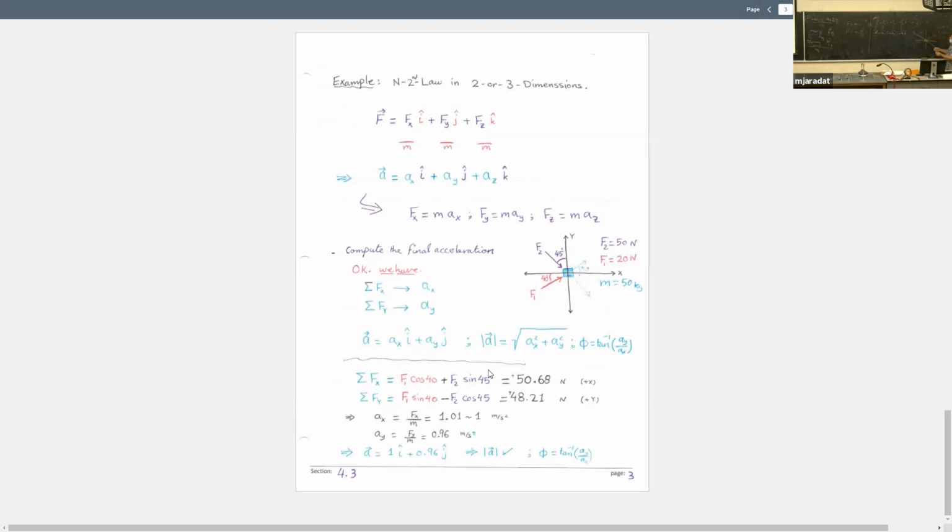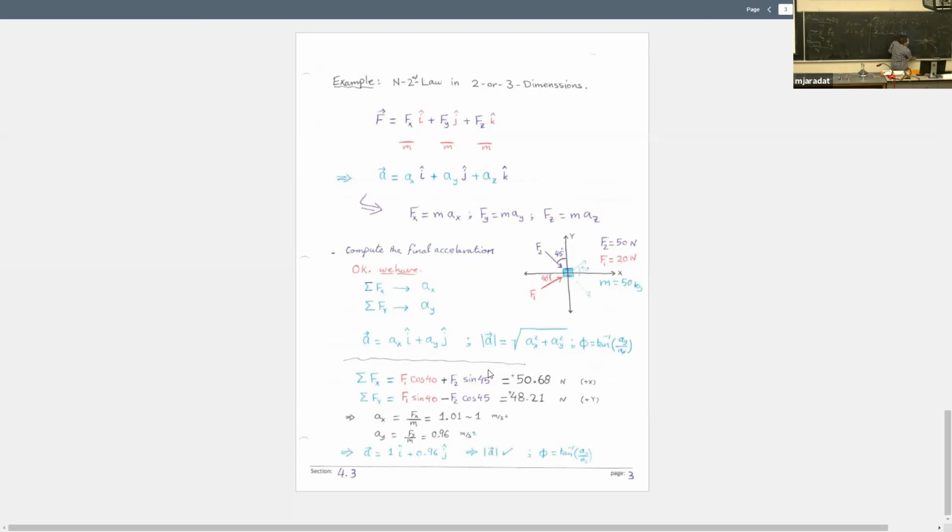Now, I need to know Fx and Fy, the i and j directions. We don't have a Z direction, so I will remove it from here because I have it here. This is 40, and this is 45. I have components.